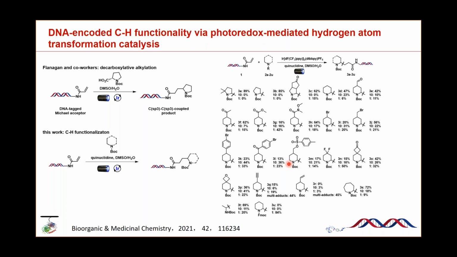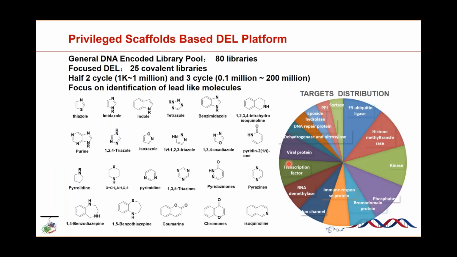After the addition product, you can also do deprotection and then amine capture, and this is quite useful to synthesize cyclic amine heterocycles as a core scaffold to make all kinds of saturated heterocycle libraries. With that, my group has already synthesized over 100 libraries, and the libraries are based on privileged heterocycle scaffolds.